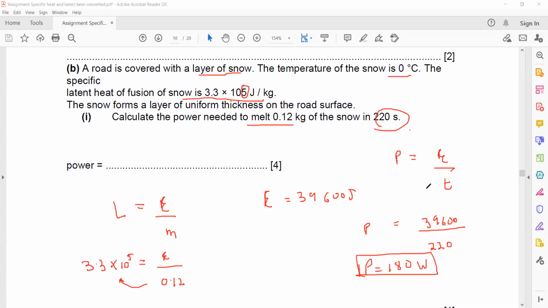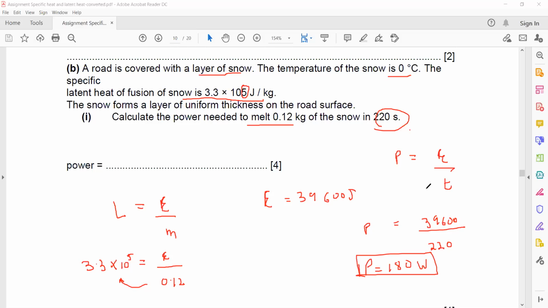The term watt here refers to joule per second, which shows how much energy is required every second to do work, or energy supplied each second. So if you want to melt this ice in 220 seconds, you have to supply energy every second.